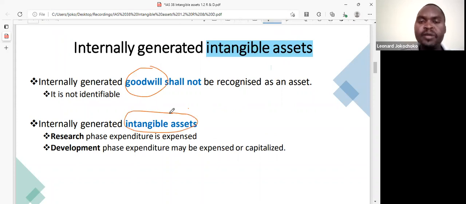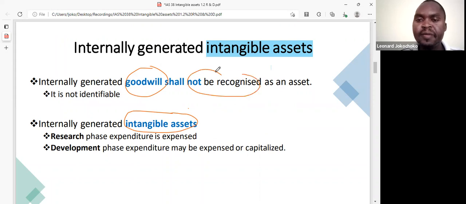If it is goodwill and we internally generated it, then we do not record this figure in the books. Make sure that when you're answering questions here, you pay attention. Internally generated goodwill means we are the ones who created it. We did not buy it. On the other hand, if we purchased goodwill, it is recognized in the books as we saw earlier in the previous slide when dealing with externally purchased assets.